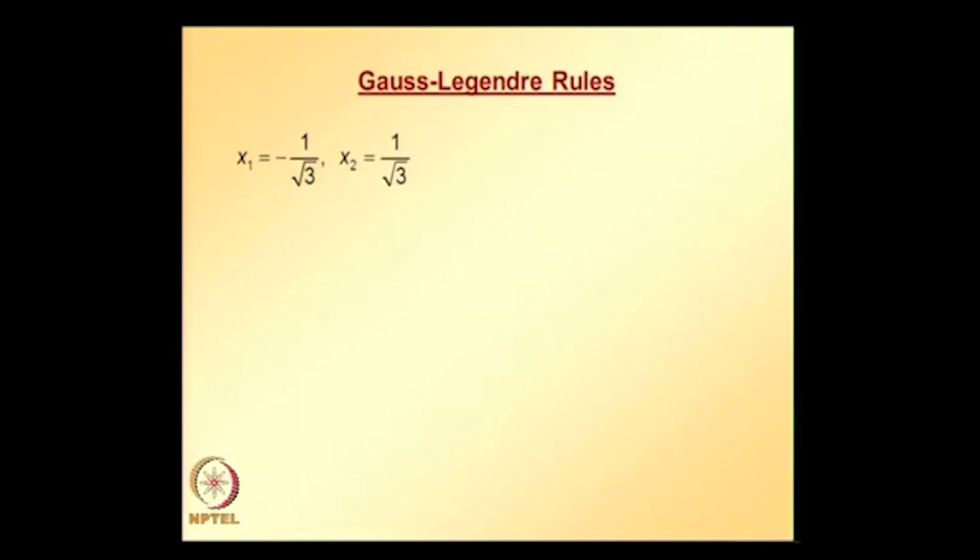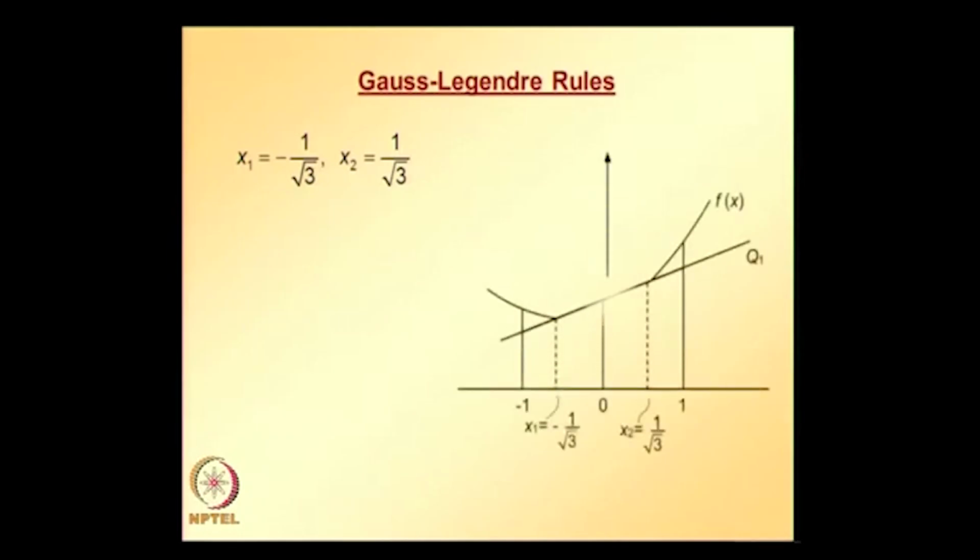So according to the 2-point Gauss-Legendre rule, we are going to evaluate the function at minus 1 over root 3 and 1 over root 3 and multiply with the corresponding weights and add them together. The corresponding weights are 1 here. So it is basically the function evaluated at minus 1 over root 3 plus the function evaluated at 1 over root 3, and this is what is schematically shown in the figure.